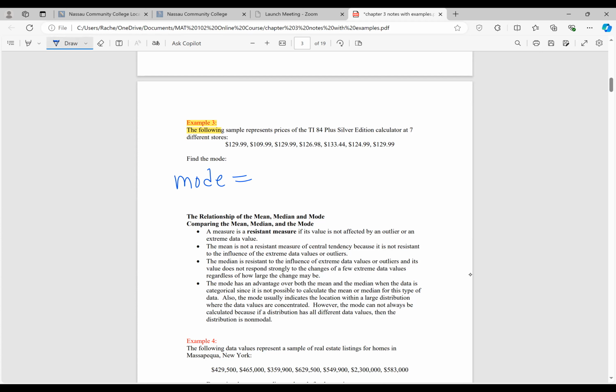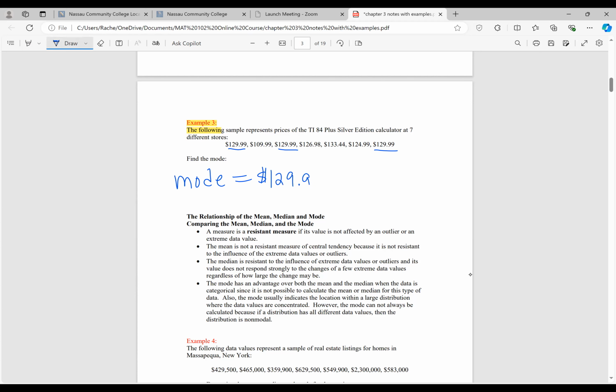So let's scan these calculator prices. And is there a price that repeats itself more than the rest of the data values? If so, that's your mode. So it looks like I see 129.99, 129.99, 129.99. So we see that 3 times, which occurs more than any other data value in the set. So that's going to be our mode.